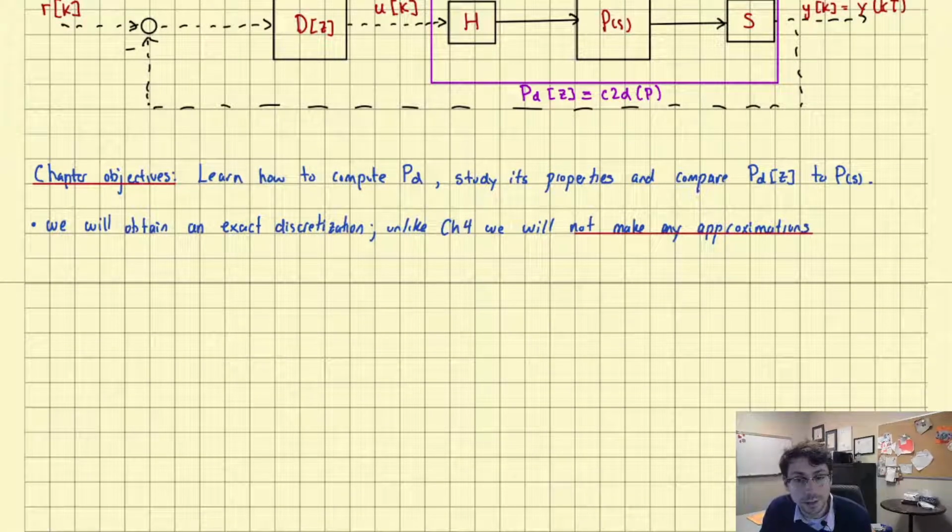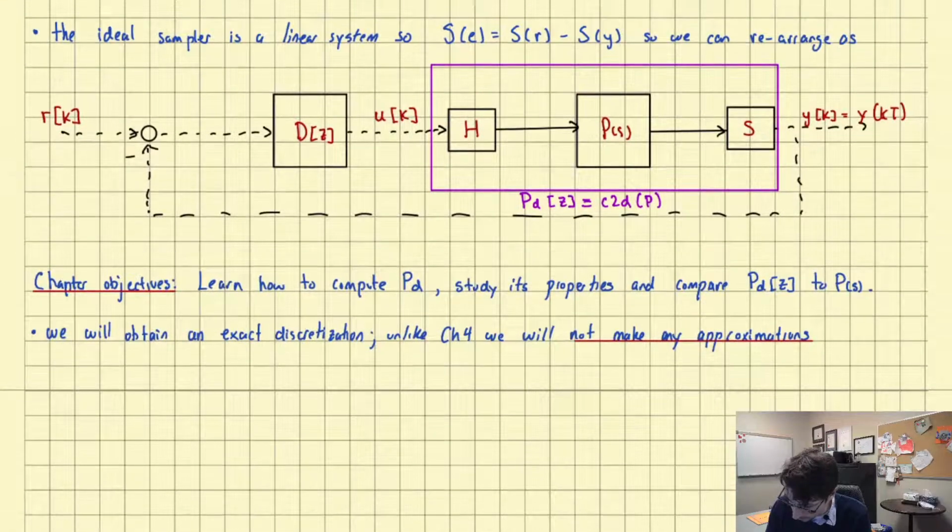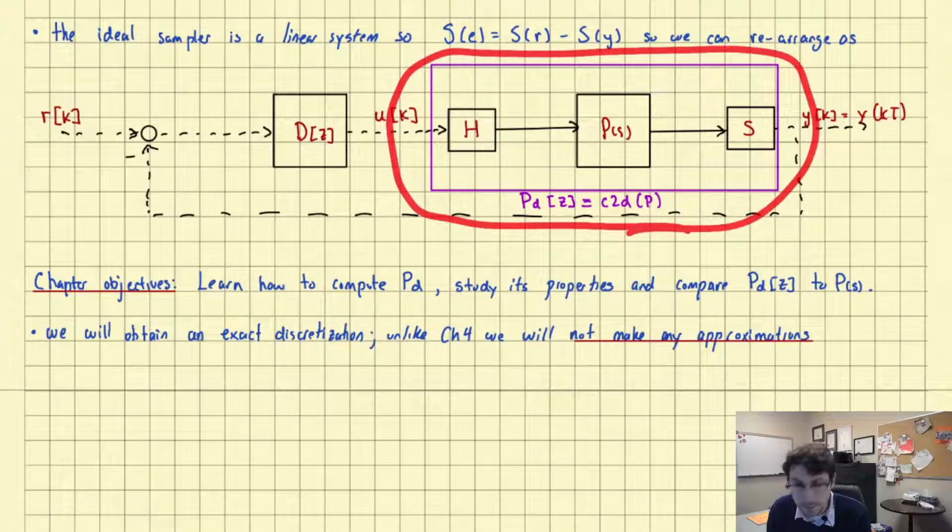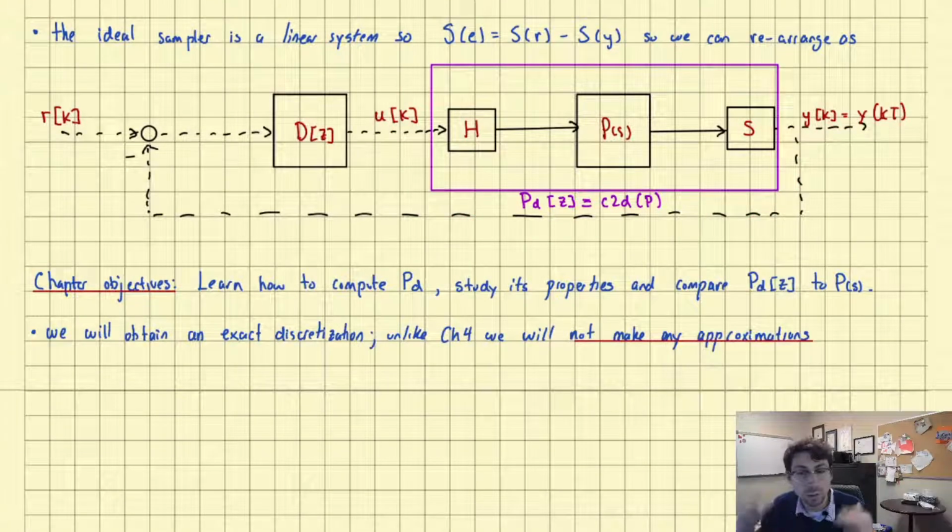Okay, we're going to get an exact discretization of our plant, and by that I mean that we're going to get exactly a model which models this block here exactly at the sample instances, regardless of the sampling period. For any sampling period, it'll be exact.